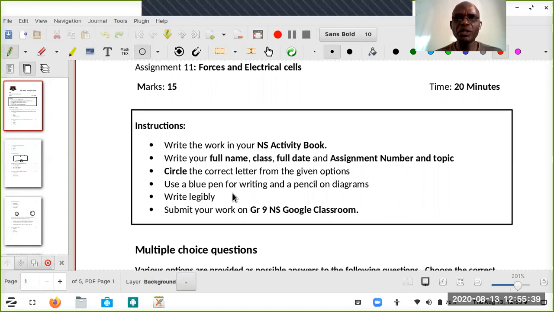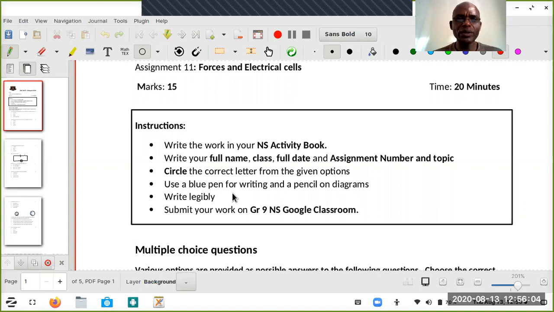Otherwise, we may not even know who you are if your name is not in. We cannot just make use of your email address, because your email address might not show the name. In that case, it becomes difficult for us to identify your script and to identify you as our learner or not, right? So make sure that that is done.